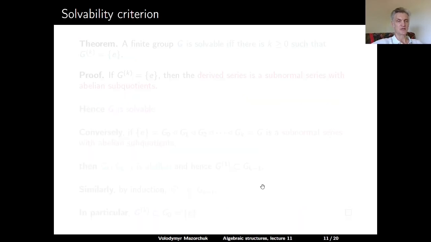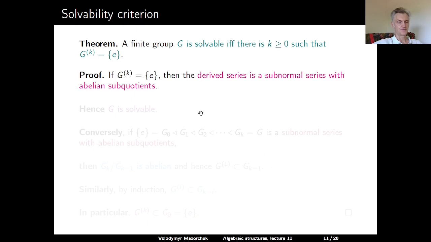Now we can use this to formulate a solvability criterion. Theorem: a finite group G is solvable if and only if there is k greater than or equal to 0, such that the k-th derived subgroup of G, G upper k, is trivial, is equal to the identity group. Proof.